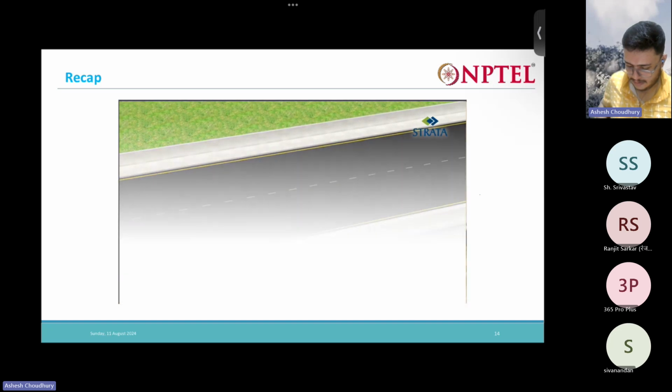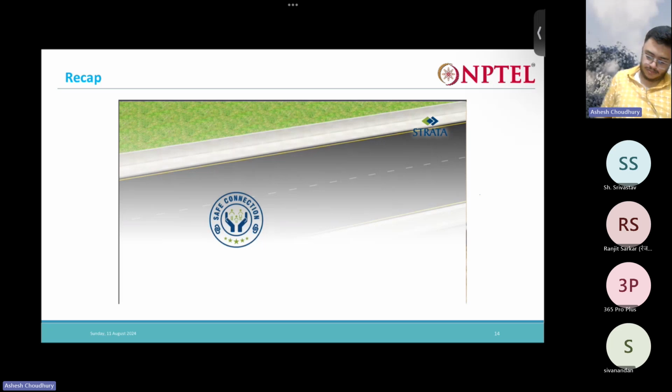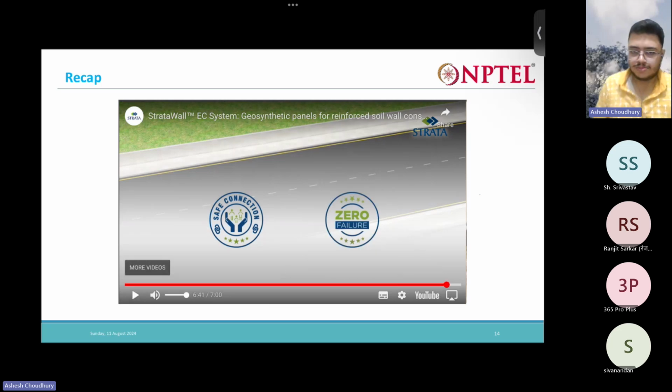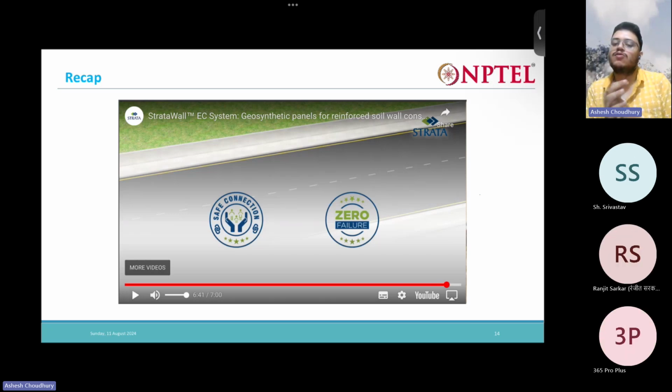Strata wall is an extremely safe connection with zero failure. You understood, right? The whole process, starting from the casting of the facing walls, how these facing panels are made, then over the leveling pad we start putting the facing walls, and then we start putting the reinforcement, filling the soil, compacting it, then again filling the soil, compacting it, like that we construct the whole wall.